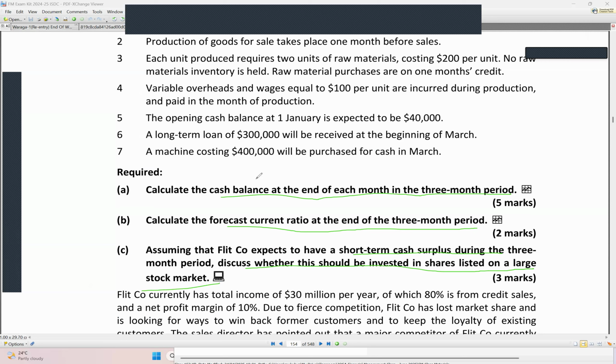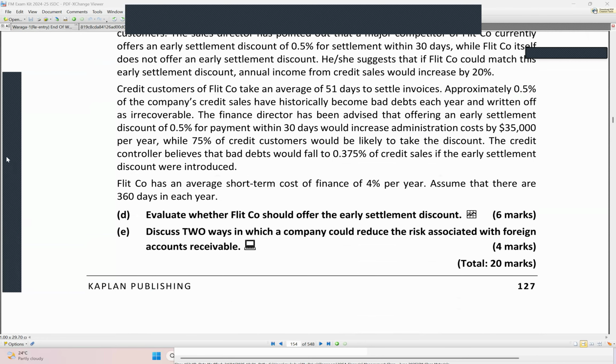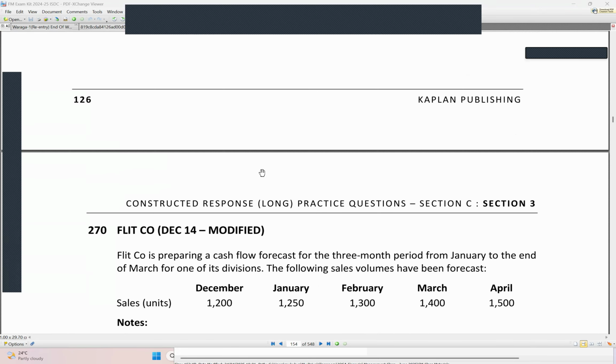So this is 10 marks right here. Then there is another part which is for 10 marks for evaluating whether Flit should offer the early settlement discount, and then 2 ways in which companies could reduce risk with foreign accounts receivable. So let us see what the scenario says, then we can handle this.